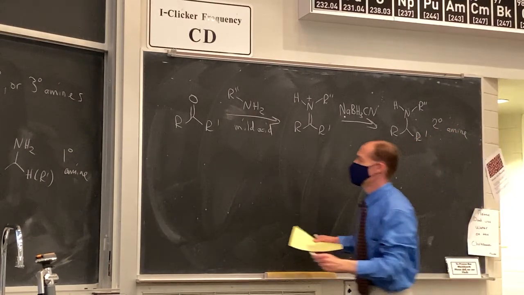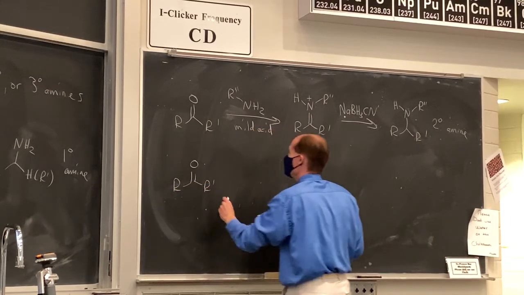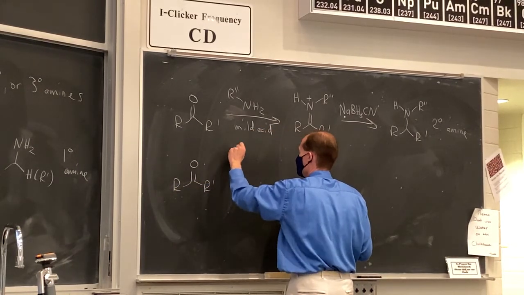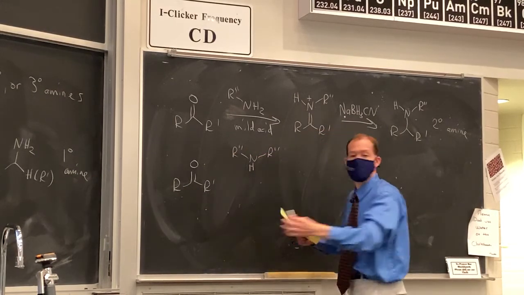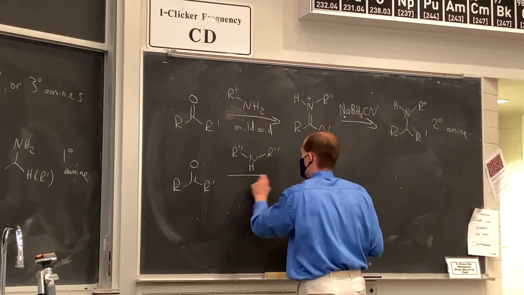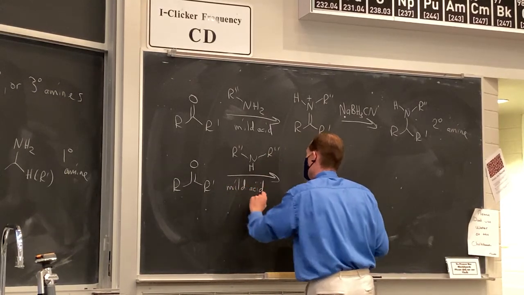Now, if we use a secondary amine in a reaction with an aldehyde or a ketone, and we'll just use two of the same group to make it simple on our secondary amine. It wouldn't have to be. We react that with mild acid.